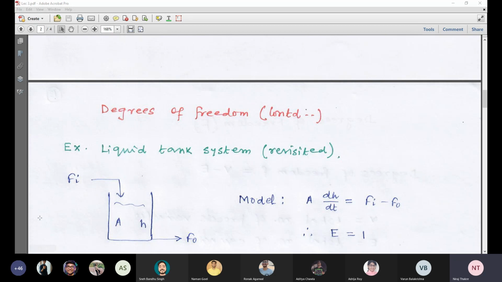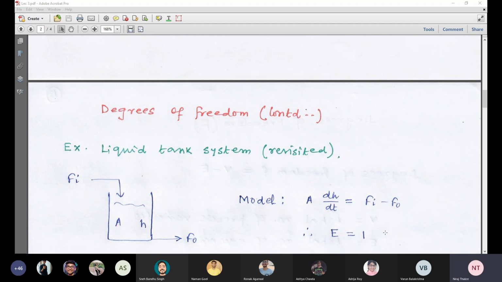So obviously for this particular process, we have only one modeling equation. That's why I have written capital E equal to 1.